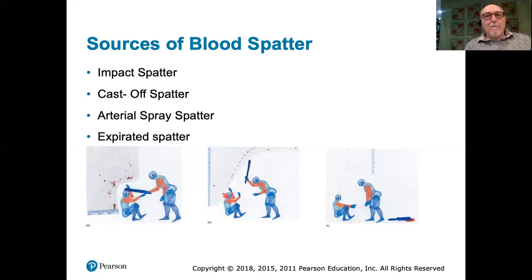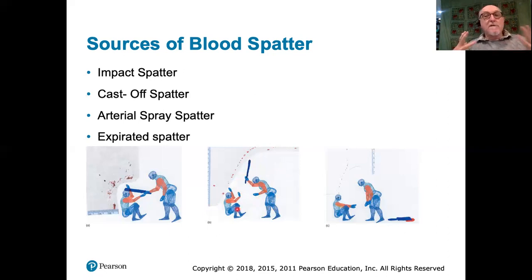This is very important patterning because it can tell us how many blows were used on the victim, for example. It can also give us a strong indication of where the beating took place.